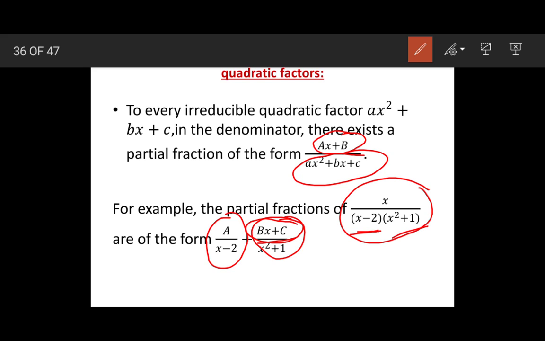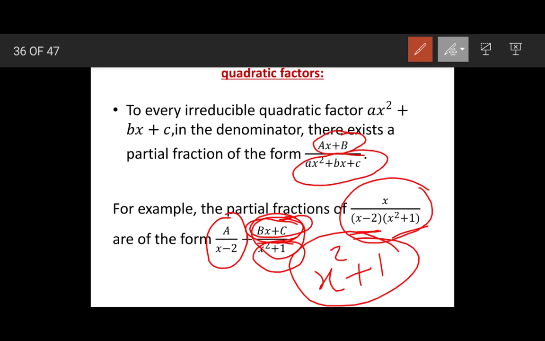Why bx plus c? Because the denominator is quadratic and it is irreducible. We cannot factorize x square plus 1, and hence the numerator is bx plus c.